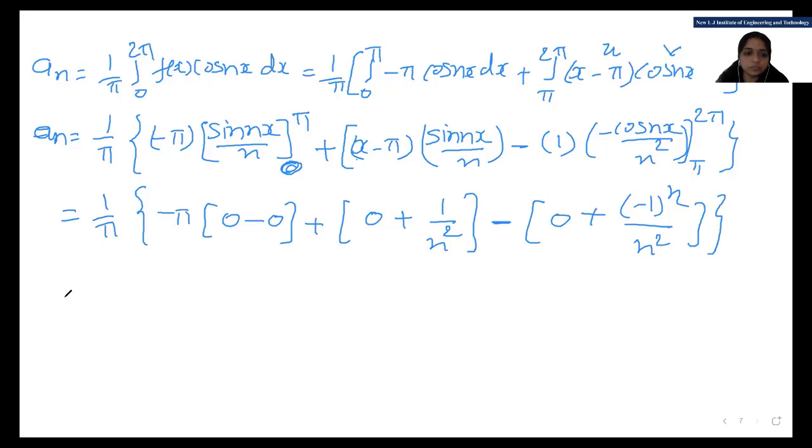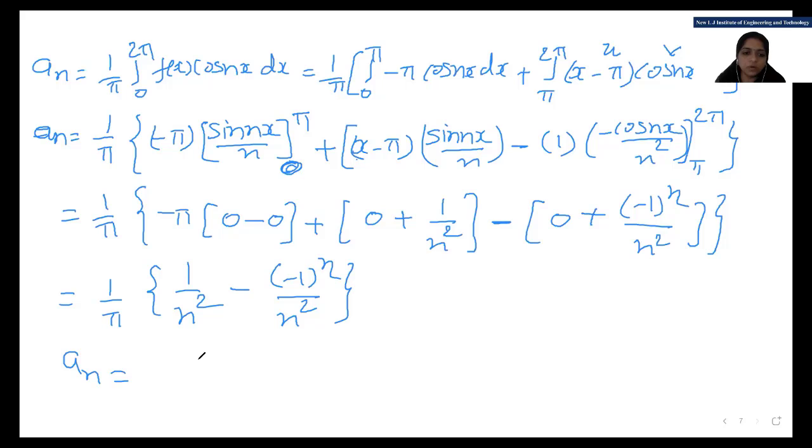So 1 by pi, this one is 0, here 1 upon n square, here minus 1 raised to n upon n square. If I keep n square as a constant, then an is equal to 1 minus minus 1 raised to n upon pi into n square, right? So this is the value of an.